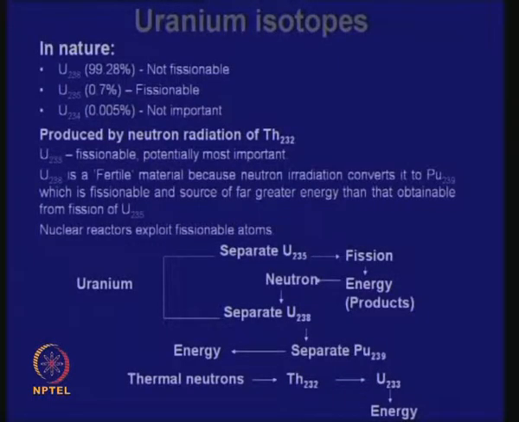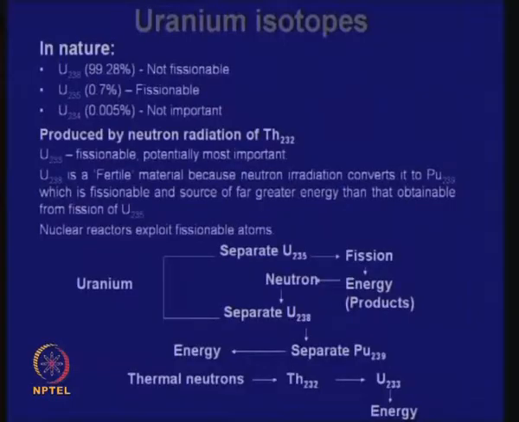So, that neutron again bombarding it will produce more neutrons. This is the basis of nuclear metallurgy, that you gradually increase the neutrons through fission reactions. There is another isotope U-234, 0.005%, it is not important, we are not interested.